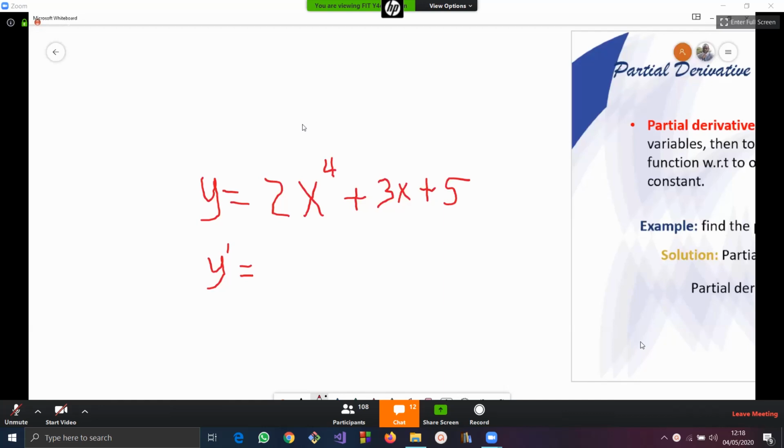As we go, what's the first thing I write here? You remember how to do the derivative of polynomials. So this is 2x power 4. Let's start with that one. What's the derivative there?